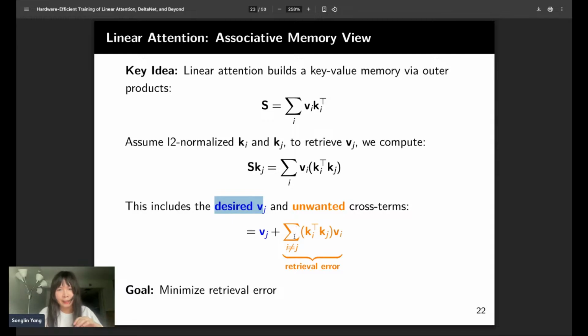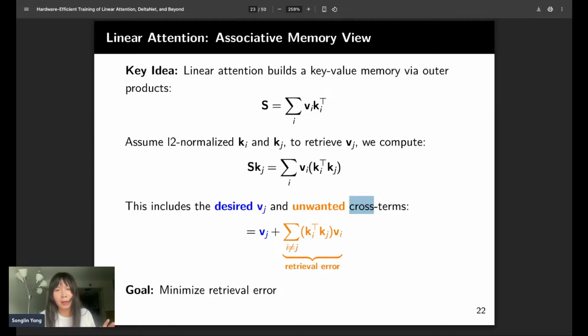Because in this associative memory we have other key-value association pairs, we have some unwanted cross terms, which are colored in orange. I refer to this cross term as the retrieval error because this is the term we do not want from this memory.